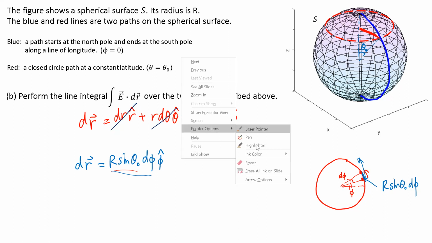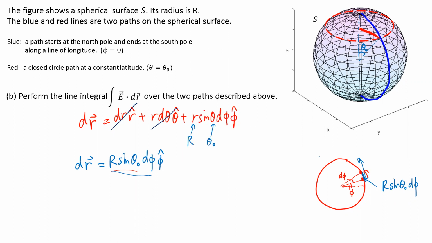So this time, if I want to do the line integral, this is an integral for phi. Integrate E dot dr is actually integrate E dot phi hat and then r sine theta naught d phi.